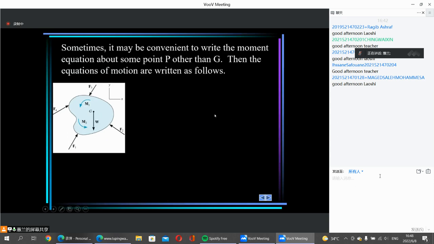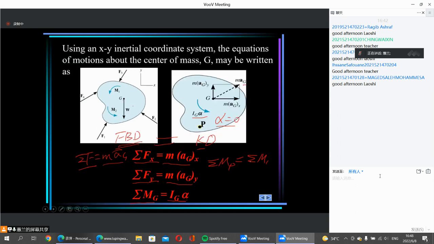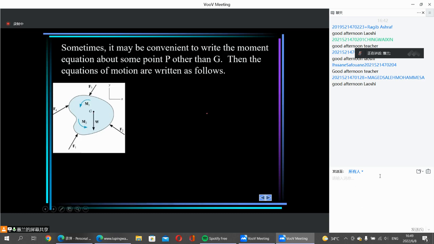We mean the KD moment about point P. So if we want to calculate the moment about P from the KD, never forget, not only I_G alpha has a moment about P, but the kinetic force m a_G may also produce moment about point P, right?